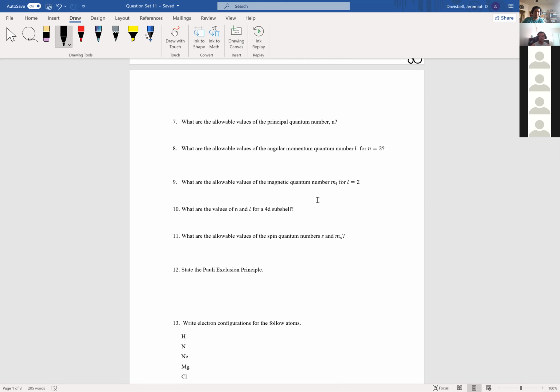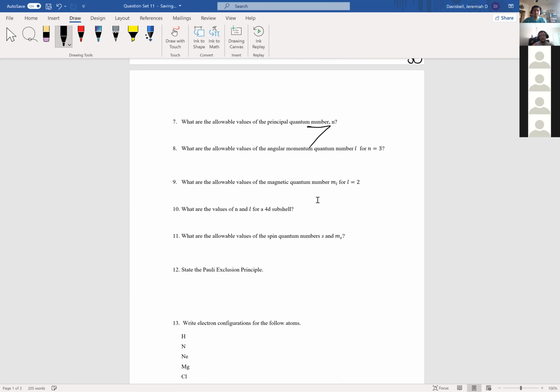The periods, right, the rows. So how many periods are there on the periodic table? 7. Okay, so that's the highest we can go.